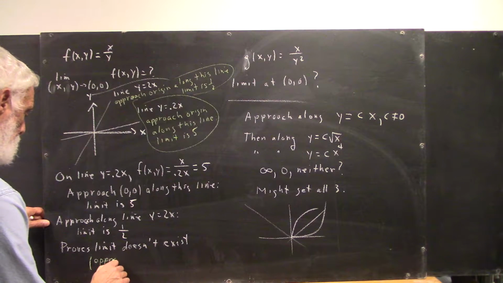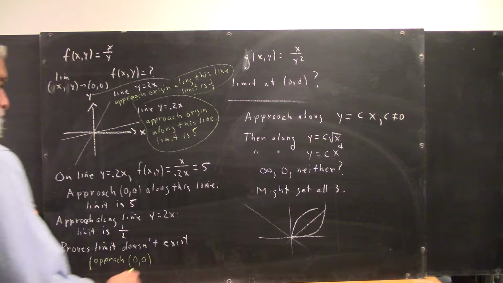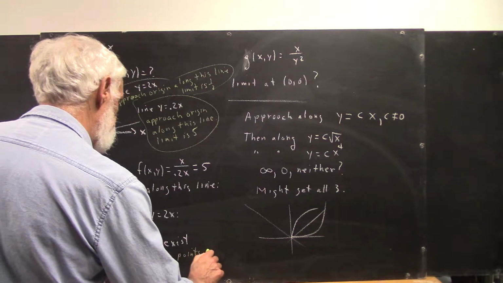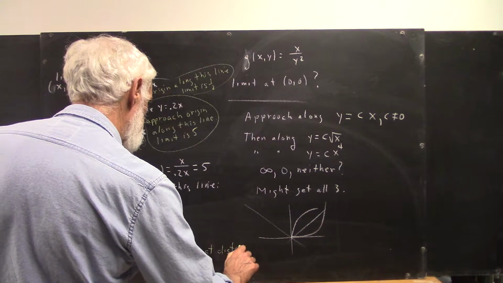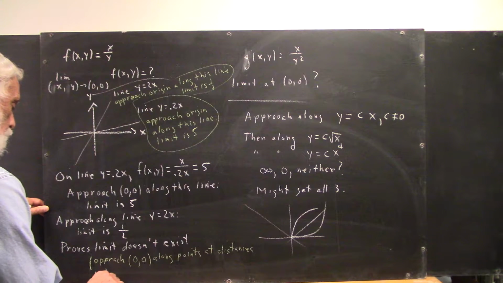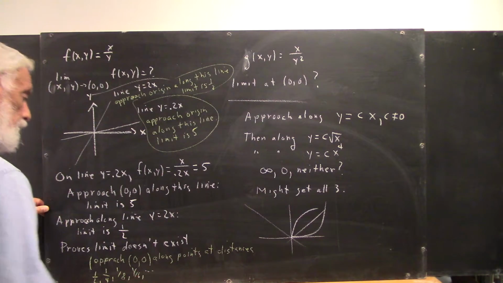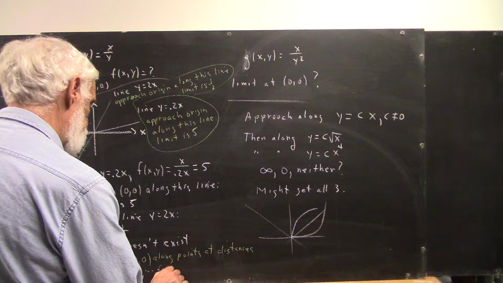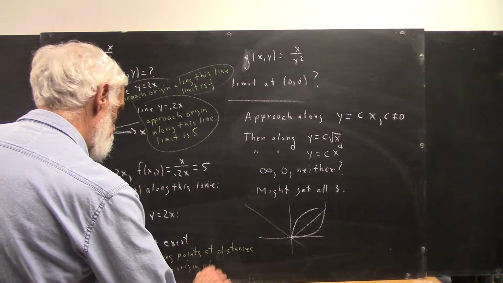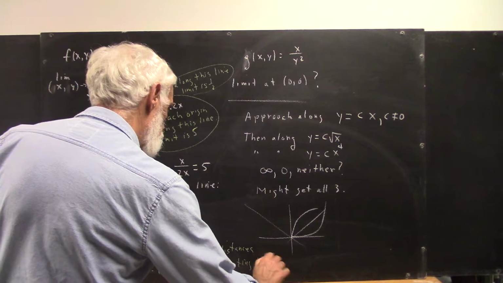I'm going to say approach 0 along points at distances, say, 1/2, 1/4, 1/8, 1/16, etc. from the origin, alternating lines.